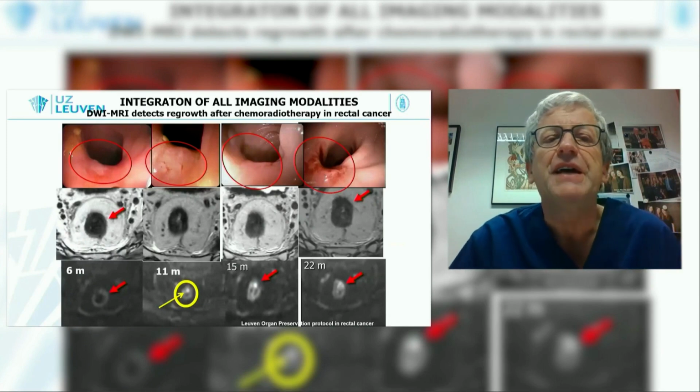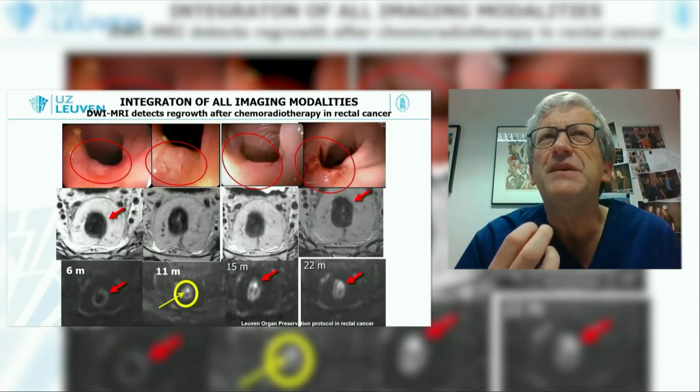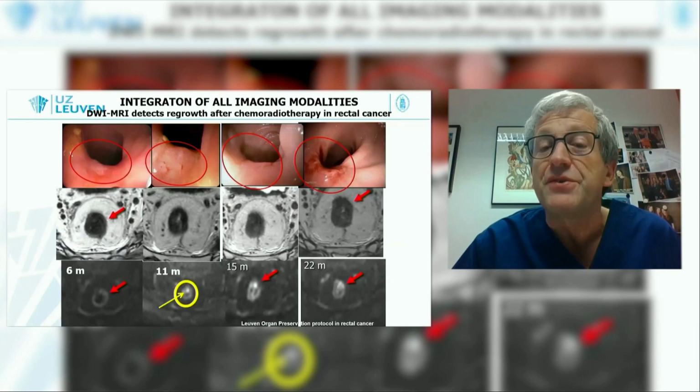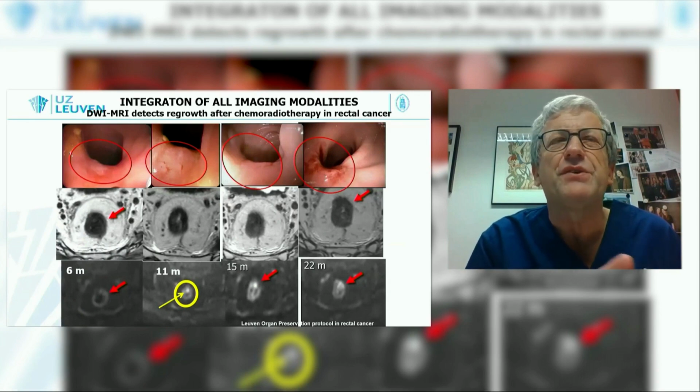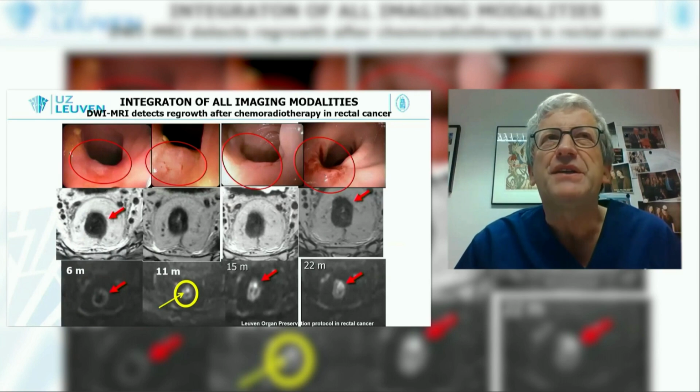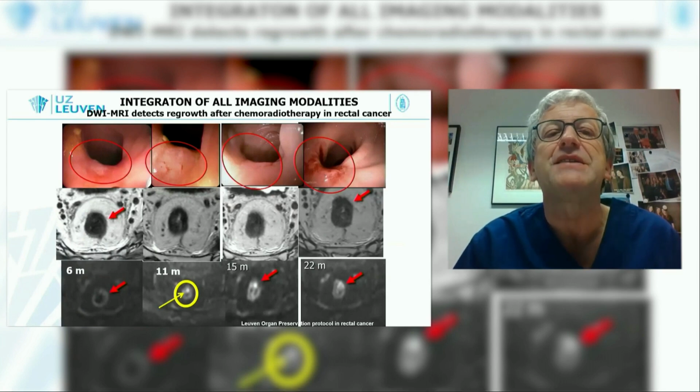This is another image I wanted to share, where the endoscopist may play a crucial role. This is a patient who underwent chemoradiotherapy for a rectal cancer with the goal of a watch and wait strategy.